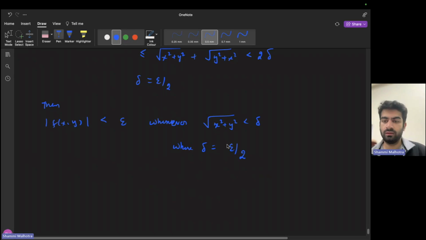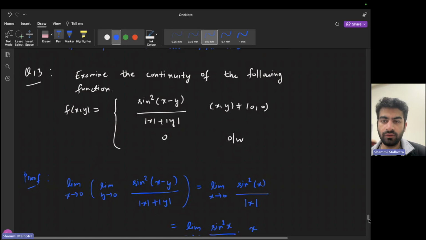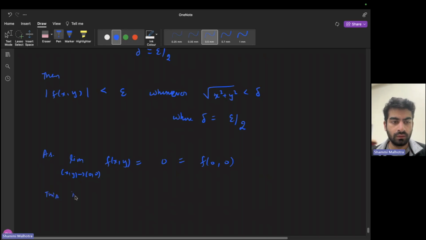And since the functional value at (0, 0) is also 0, this implies the function is continuous. So as the limit of (x, y) tending towards (0, 0) of f(x, y) is 0, which is equal to the functional value at (0, 0), this implies f is continuous at (x, y) equal to (0, 0).